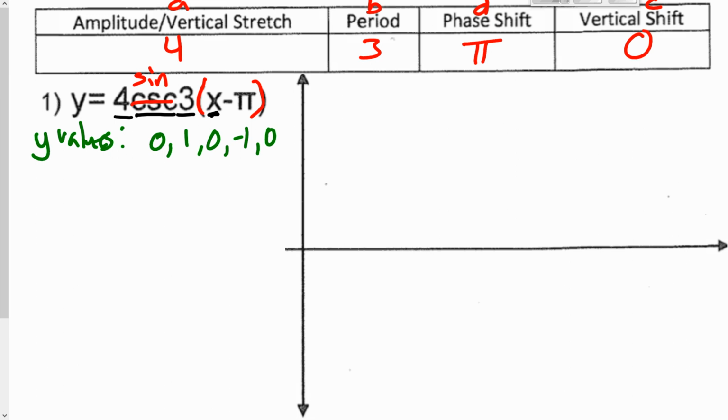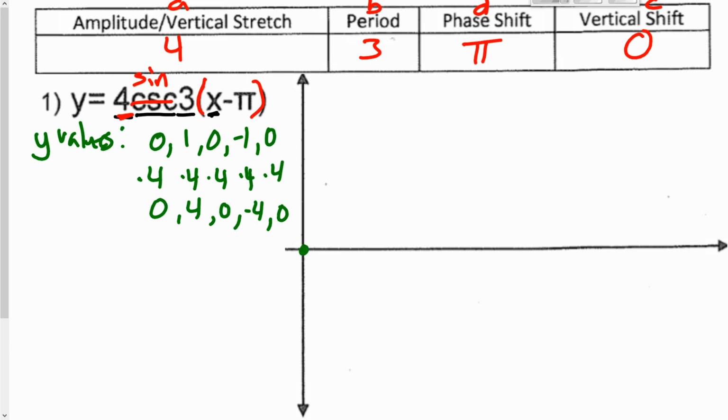And then what we're going to do is multiply now by 4. I'll stay with green. Multiply all these by my A. So we still get 0. This time we get 4, we get 0, we get -4, and we get back to 0. And then we're going to add our C, which doesn't change anything.